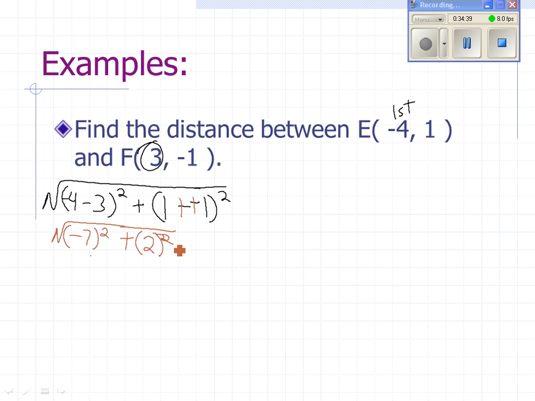Now watch what happens when we finish it out this way. What's -7 squared? Be careful. What's -7 times -7? 49. Positive 49. What's 2 times 2? 49 plus 4? 53.